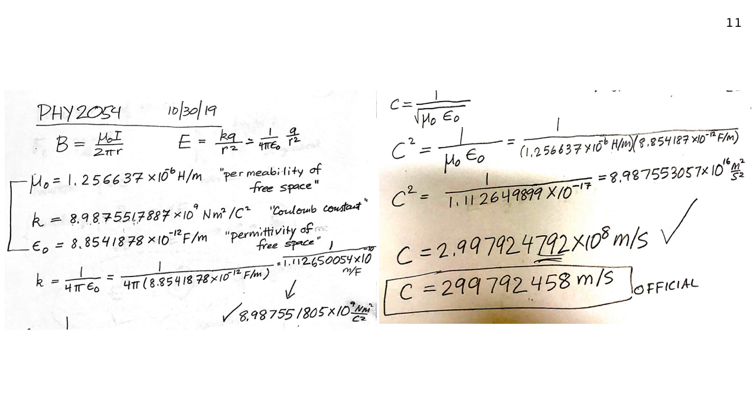Now, normally I just say 9 times 10 to the 9, but I'm going to use a lot more digits. 987, 5517, 887, which they've measured, and that's times 10 to the 9. And the units here, as we know, are Newton meters squared per Coulomb squared, and that's the Coulomb constant.